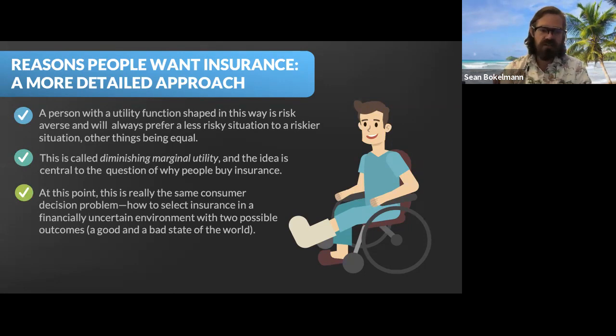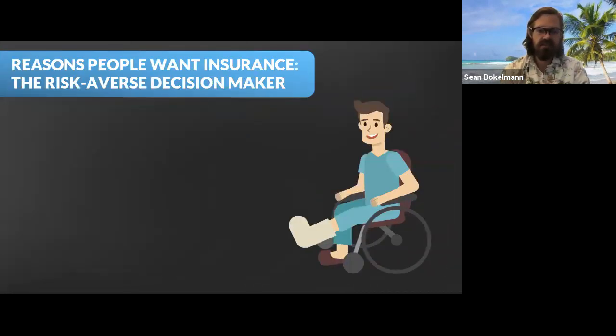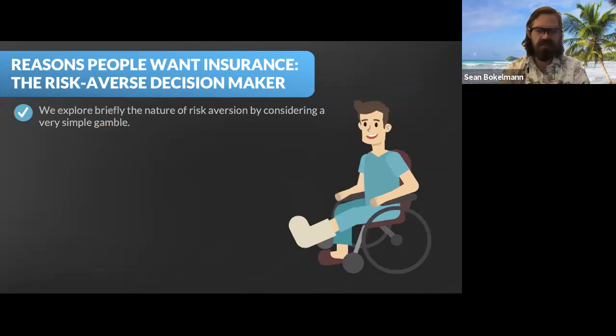So there's not too much that's new here, right? We still have the same consumer decision problem. They're trying to choose the insurance plan and price that maximizes their utility, given the fact that they face these two different possible worlds, bad state and good state. So maybe not as complex as maybe we initially thought, right?